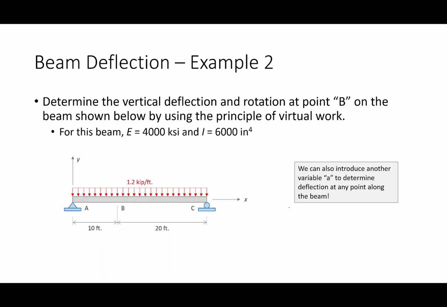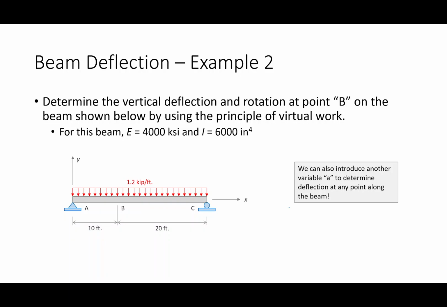So I have a beam deflection here, and I want to determine the vertical deflection and the rotation at point B, okay? So the beam is simply supported with a uniformly distributed load, and I want to find the deflection, but the deflection is not at midspan. The deflection is over here at B, okay? We're going to do this using the principle of virtual work, and we're going to assume that the beam's made out of concrete.